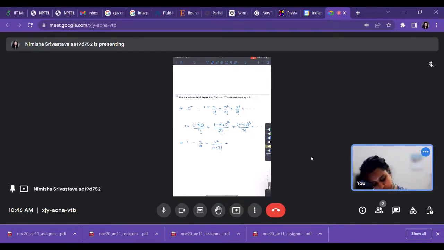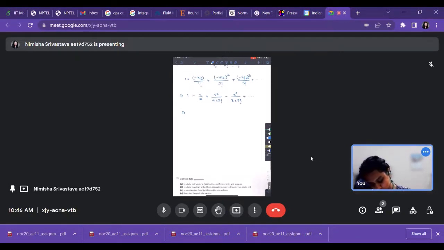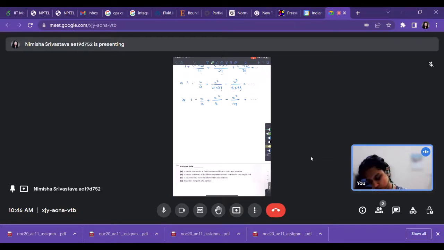Plus, or rather minus, x cube by 8 into 3 factorial, so on and so forth. So that gives us 1 minus x by 2 plus x square by 8 minus x cube by 8 into 6, that is 48. Okay. So this is a solution along with the higher order terms. We will not get that. So this is the solution.